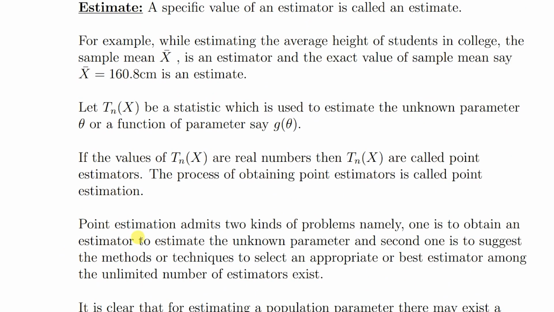Point estimation admits two kinds of problems. One is to obtain an estimator to estimate the unknown parameter, and the second is to suggest methods or techniques to select an appropriate or best estimator among the unlimited number of estimators that exist.